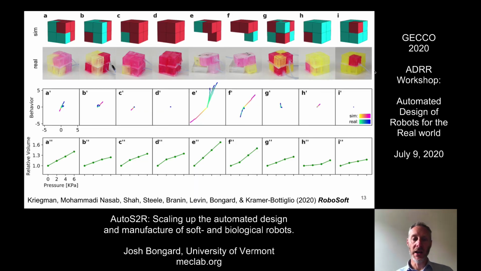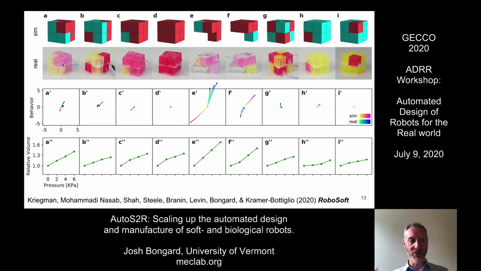What you see here are 9 of those 108 designs, and we're reporting for each of those designs how well it transferred from simulation to reality. The pink curves represent the predicted displacement of those designs in simulation, and the blue-green curves show the actual displacement of these robots when performed in reality.